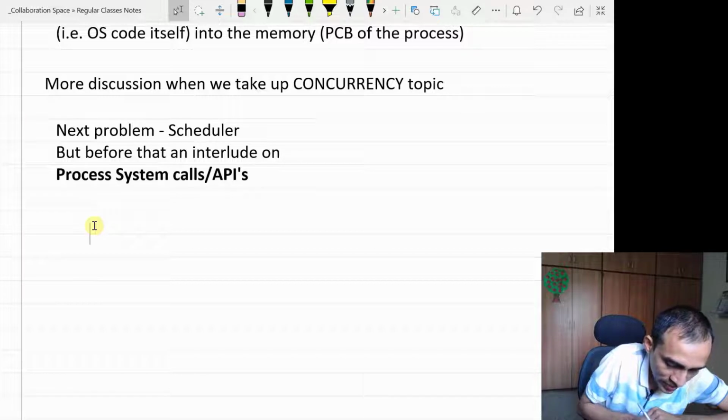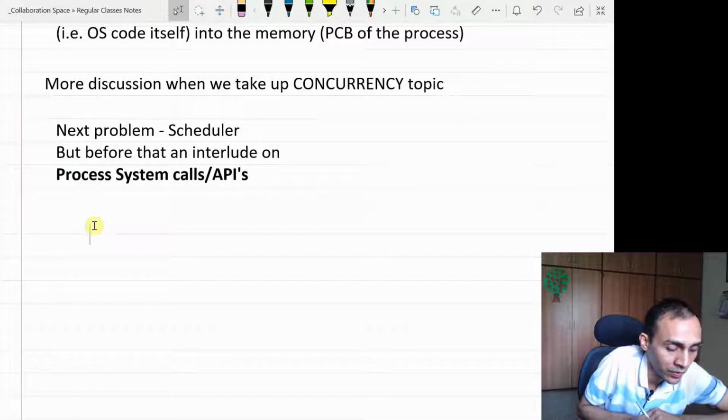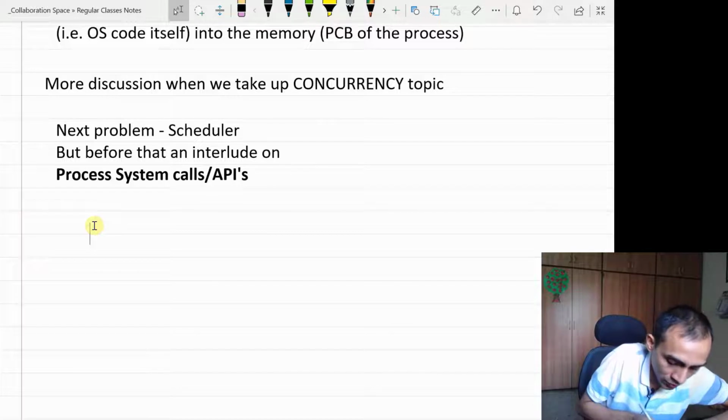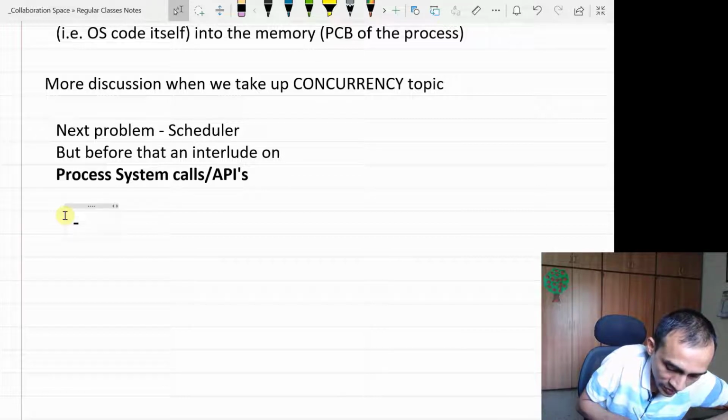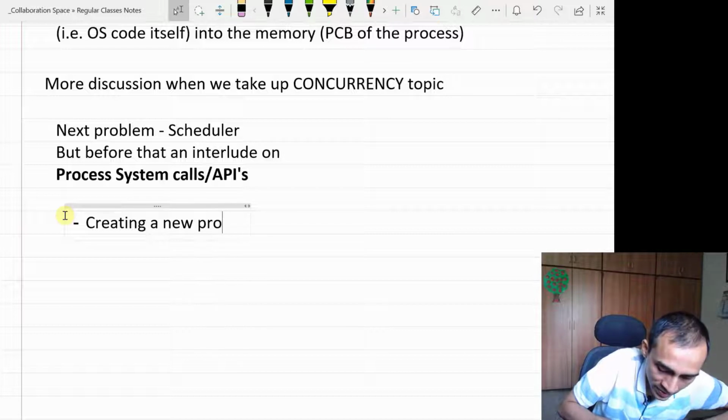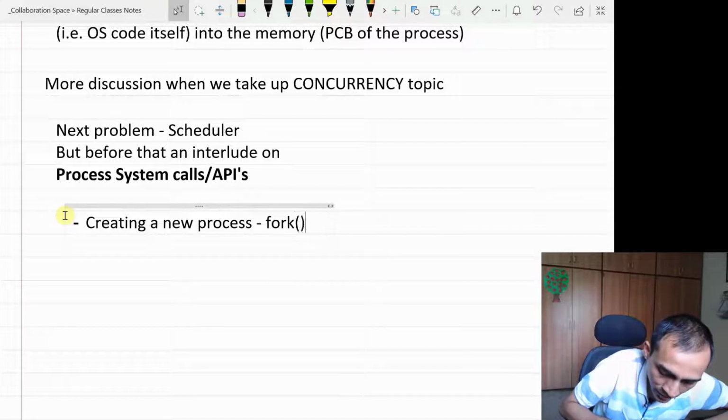So there are some specific system calls for different things for a process. One system call is for creating a new process. Whenever a new process has to be created or launched, the system call available is called the fork system call.